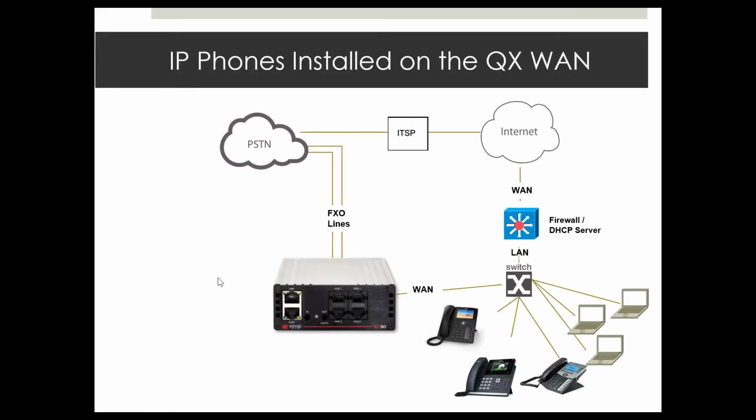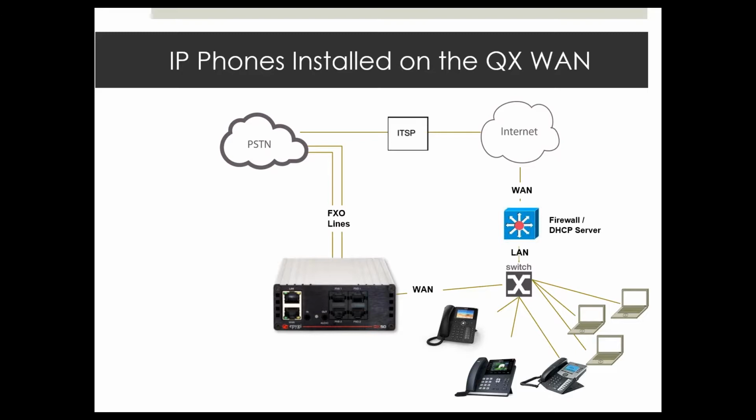We'll try to configure a phone that way. And then at the end, we'll have time for some questions. And we will try to make these available at some point. We'll get these available out there so people can view them.